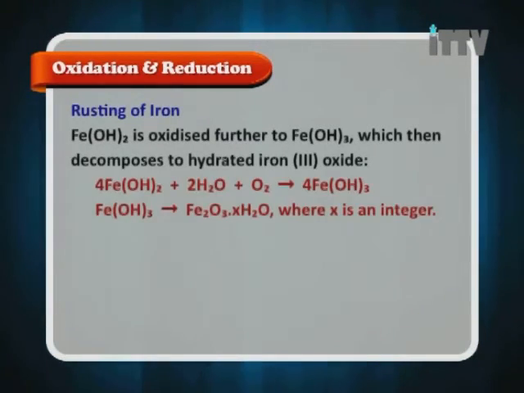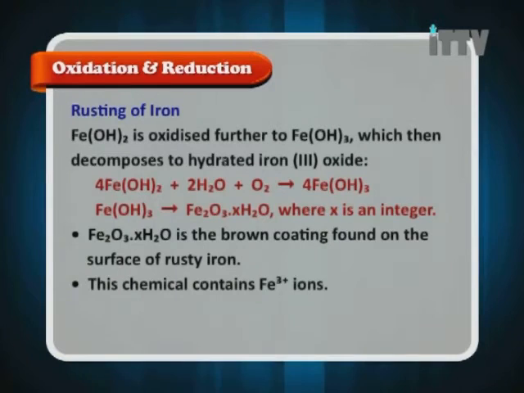So as you can see in the equation, 4 moles of iron 2 hydroxide reacts with 2 moles of water and oxygen to give us 4 moles of iron 3 hydroxide, which is further hydrated to give us hydrated iron 3 hydroxide, whereby X is an integer.